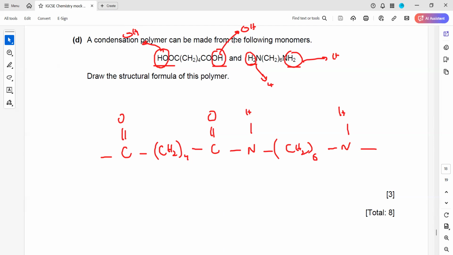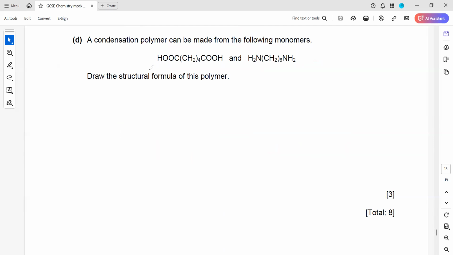Look, how to form a condensation polymer. When a dicarboxylic acid reacts with a diamine during polymerization, the carboxylic acid will lose its OH. So this OH will be removed, and this OH will also be removed. The amine will lose its H, only one of the hydrogens out of 2. Now we have to draw the structure. So OC means carbon double bonded with oxygen. Next to that is CH2, how many of them? 4.